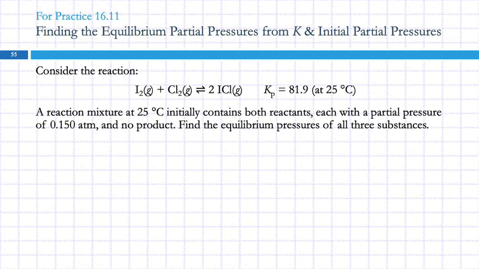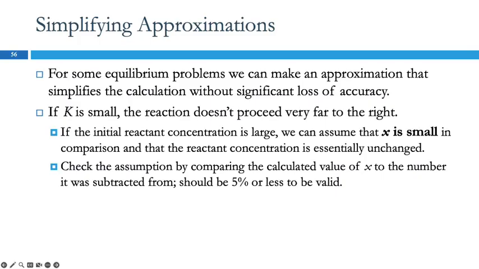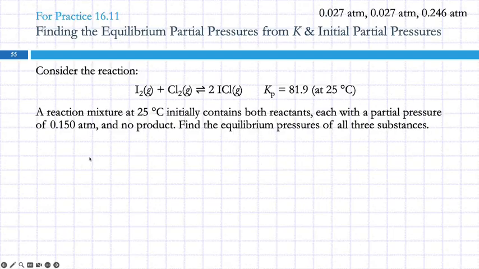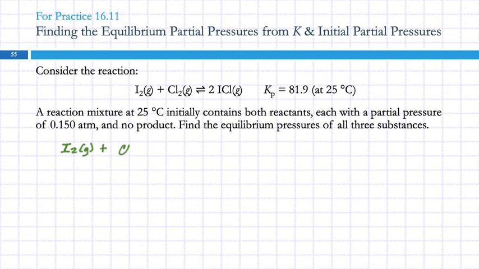So we're going to make an ice table. Yep, we're going to make an ice table. I2 plus Cl2 in equilibrium with 2ICl.